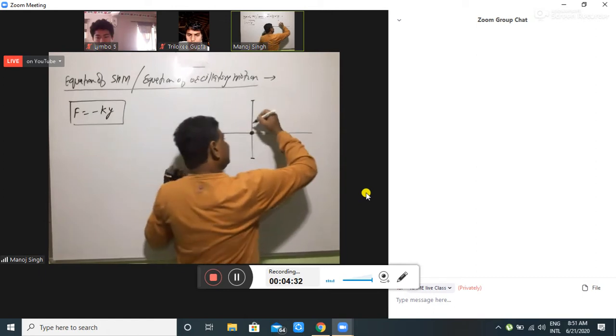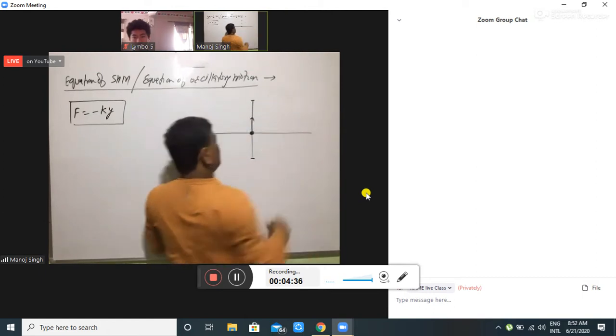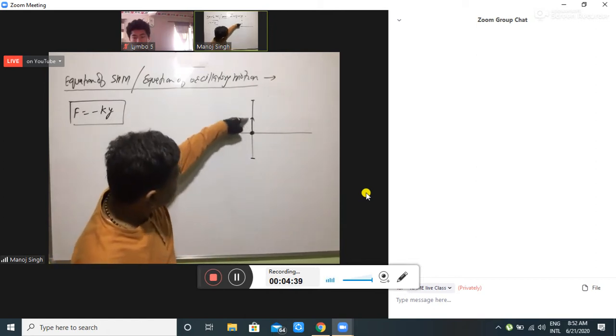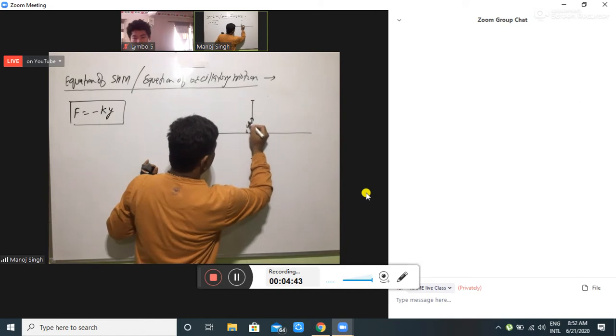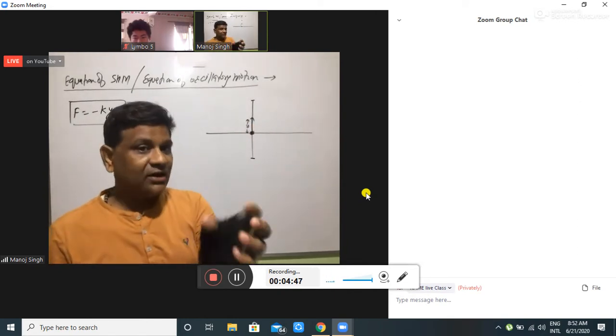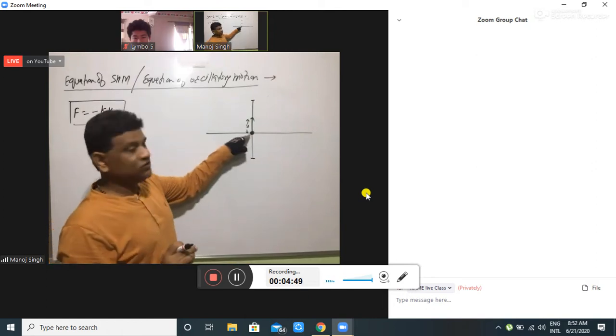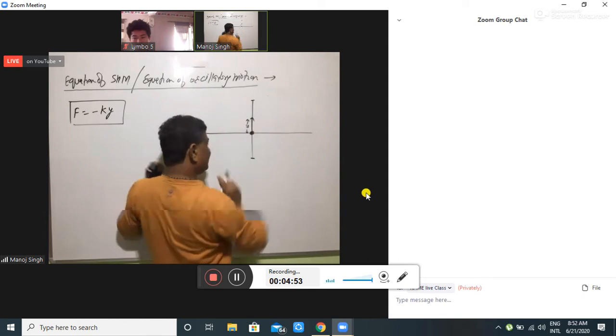Now when the particle is displaced in this direction, the displacement of this particle is supposed to be Y. Y is the displacement of the particle of medium from the mean position. So the particle is displaced in the Y direction.